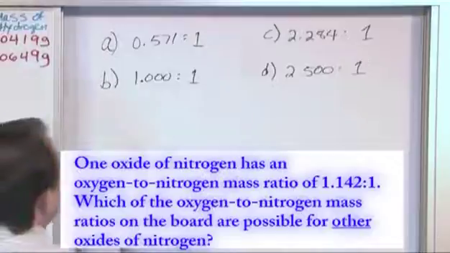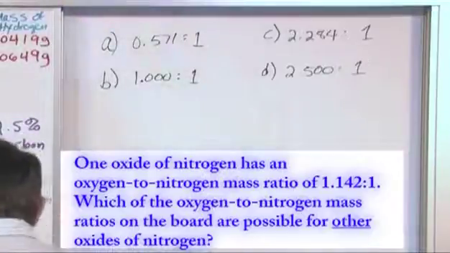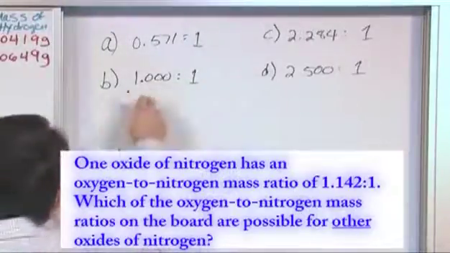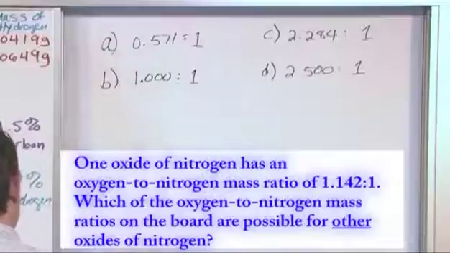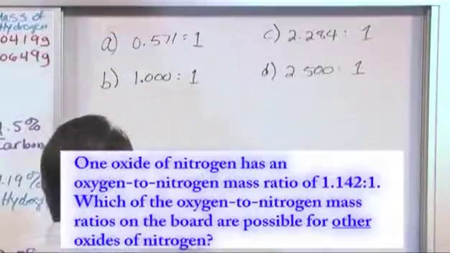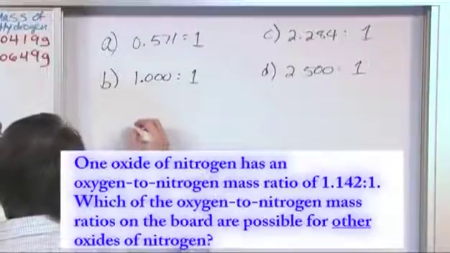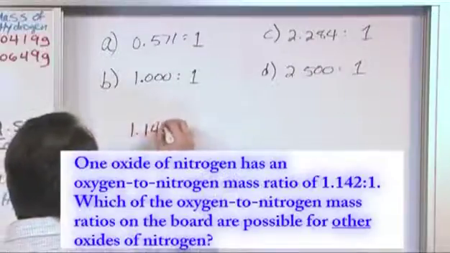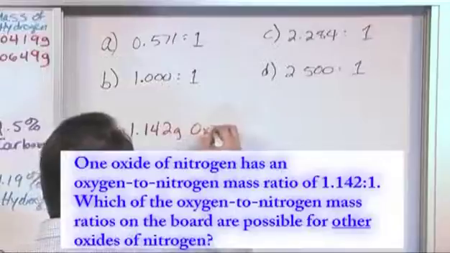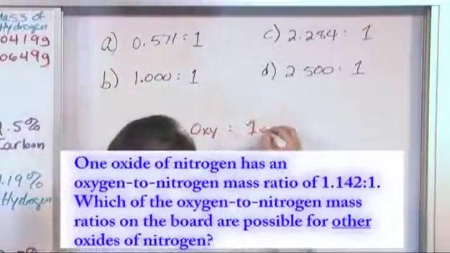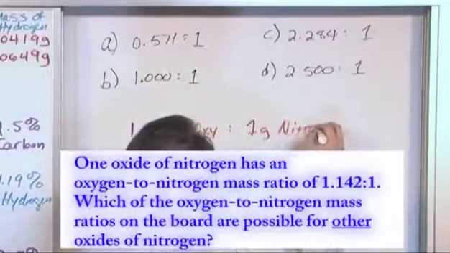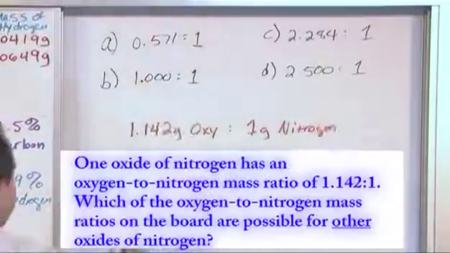This is an oxygen to nitrogen mass ratio. So for instance, let's look at the original problem. The oxide of nitrogen that we're talking about initially has 1.142 grams of oxygen to 1 gram of nitrogen. This is the original one in the problem.